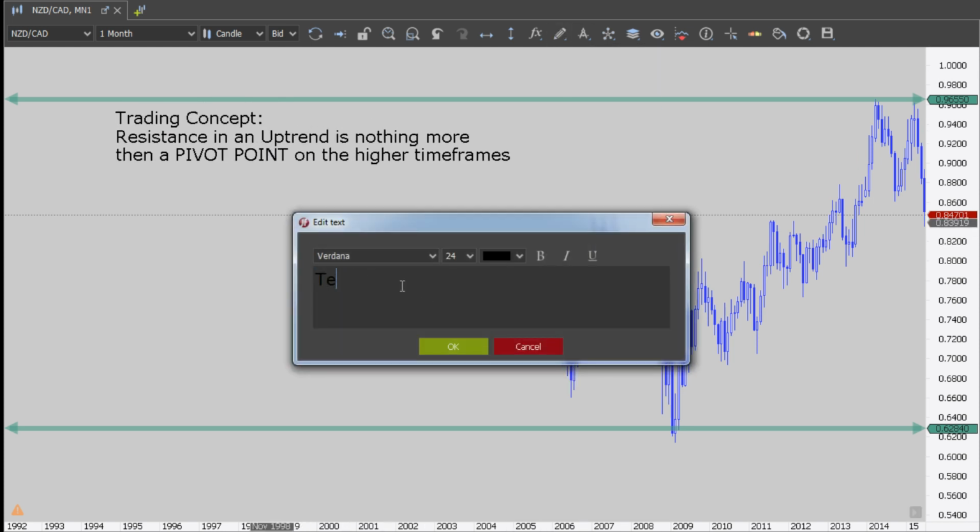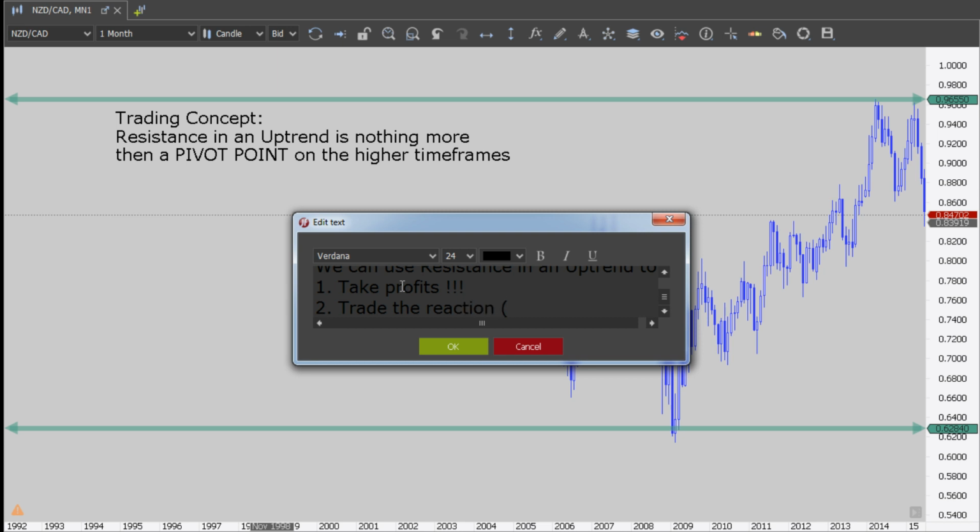Okay, and another trading concept. We can use resistance in an uptrend to, number one, take profits, and number two, trade the reaction.